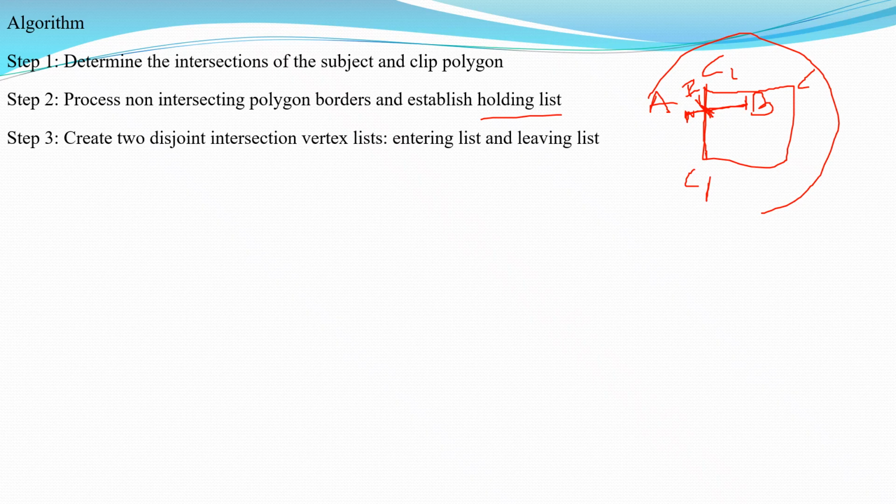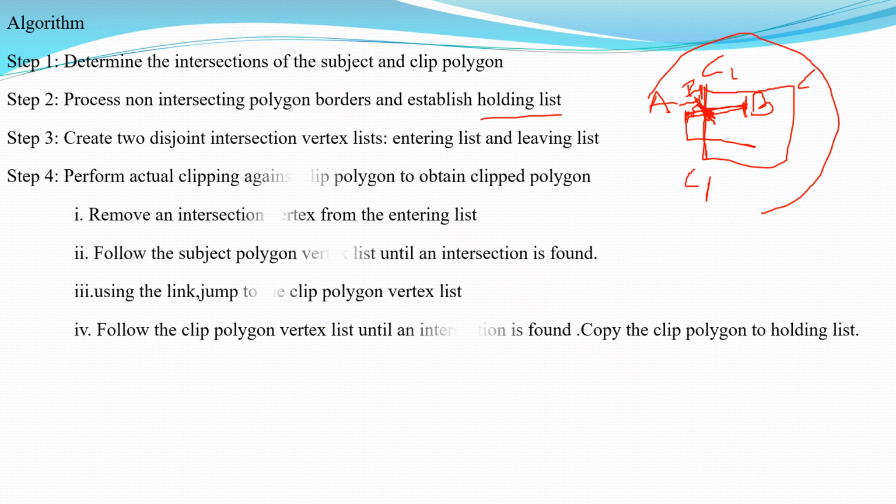Here the AB edge enters the window with the intersection I1, which is your entry point. The edge starts by entering the window here and ends at your B vertex. Like this we have to maintain that table.